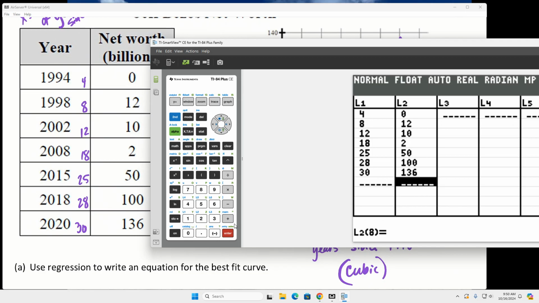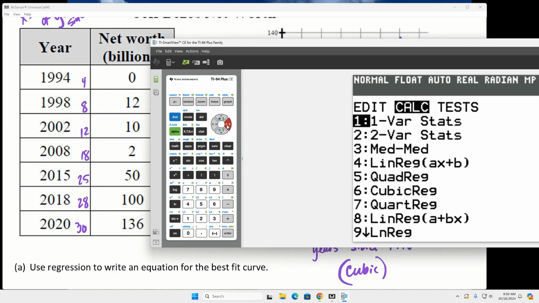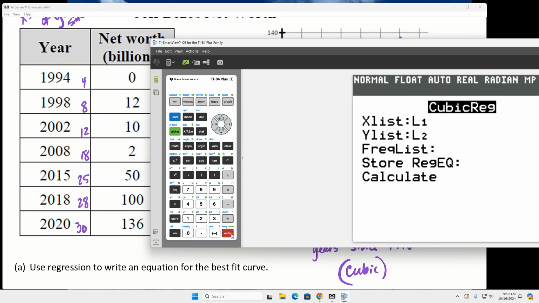Alright, you guys good? Okay, so now we want the regression, or the cubic regression equation. So we're going to hit stats. We're going to go over to calc. And we're going to choose cubic regression, which is number 6. Alright, and we're going to do something that you might not have done in Algebra 2.